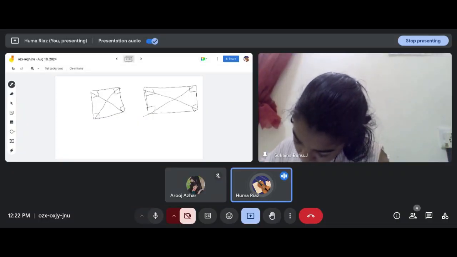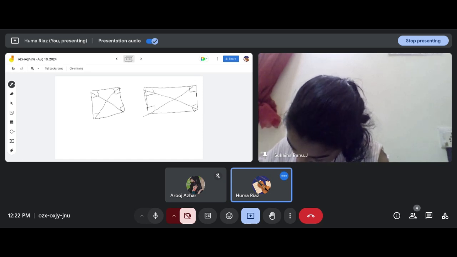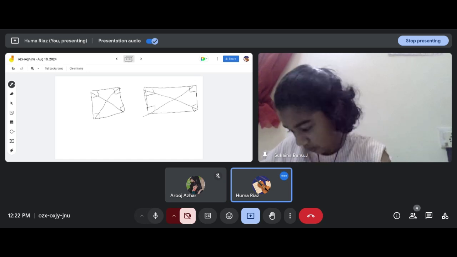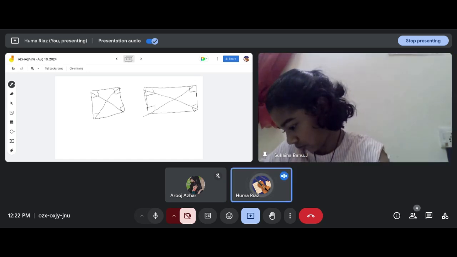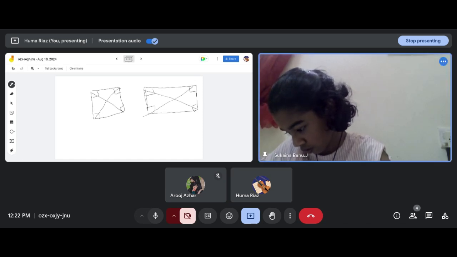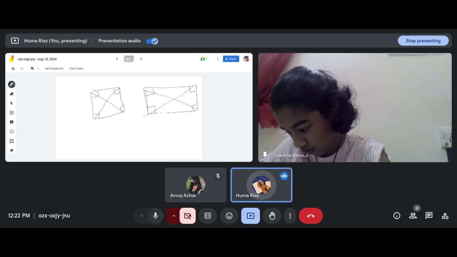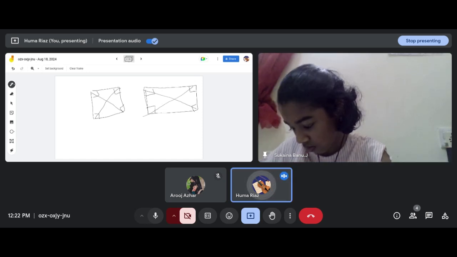there are two diagonals, both lying in the interior of the rectangle. The diagonals are present inside the figure, so it should be a convex quadrilateral.